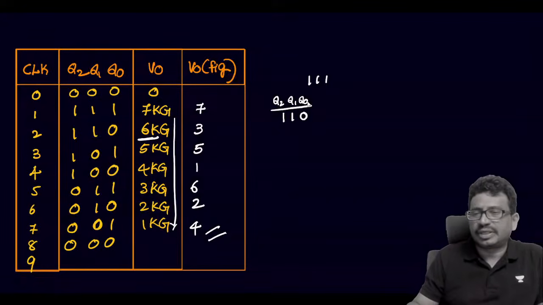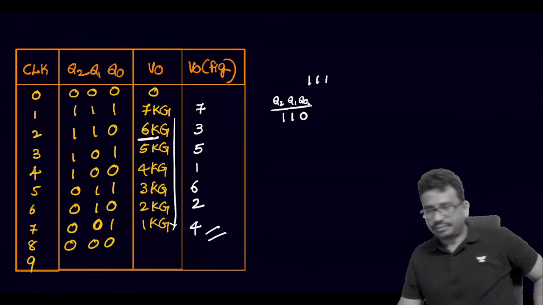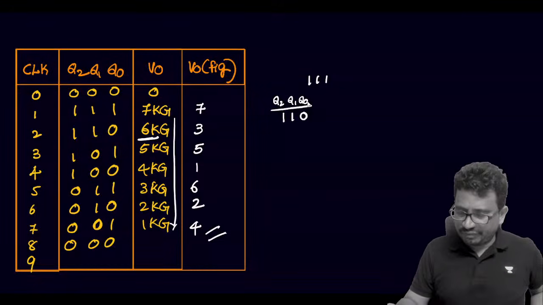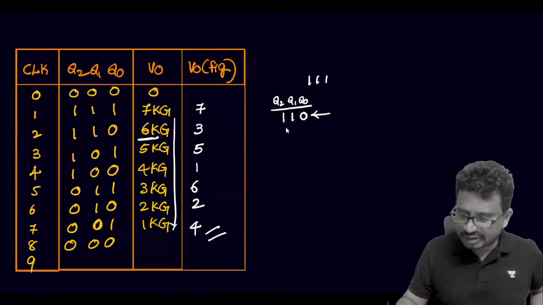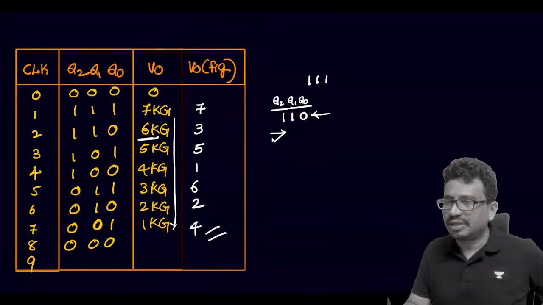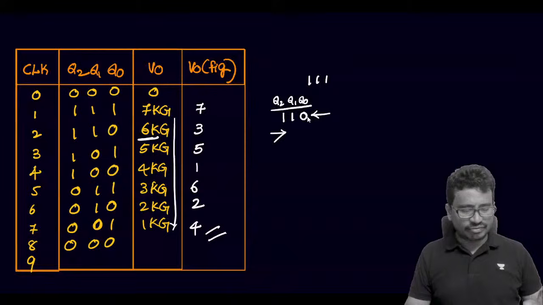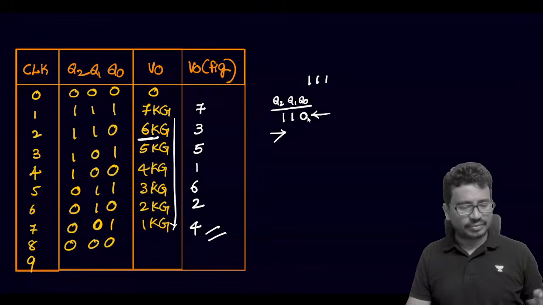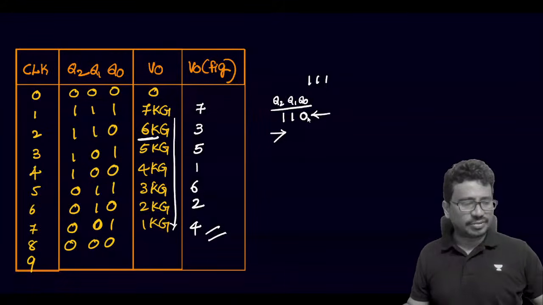This is 7, this is 6. Now if you see from this direction, this is MSB 6, but if you see from this direction it will come as 3, isn't it?